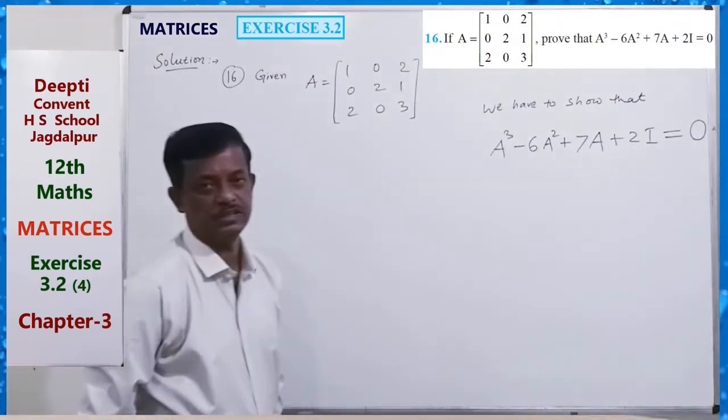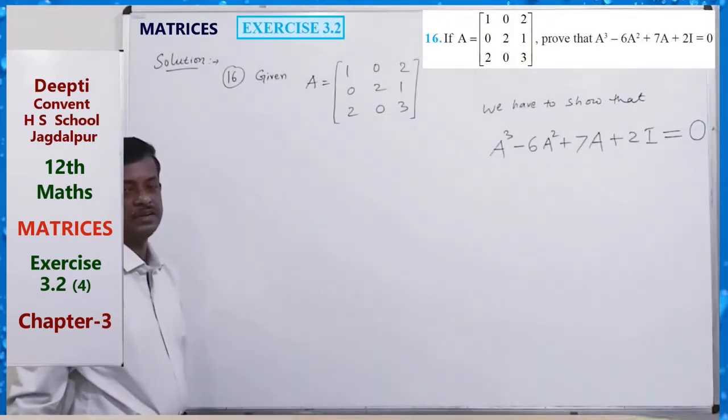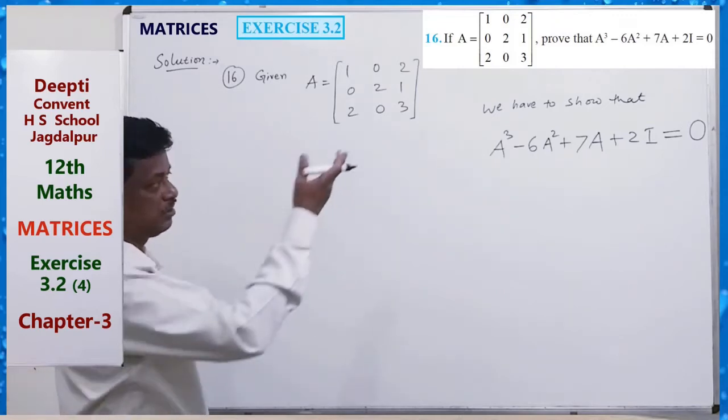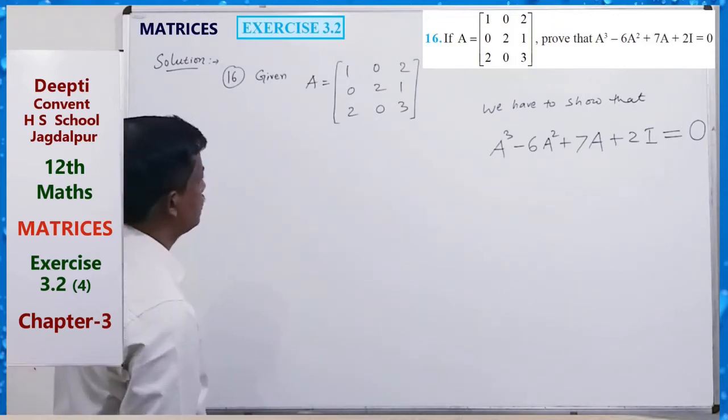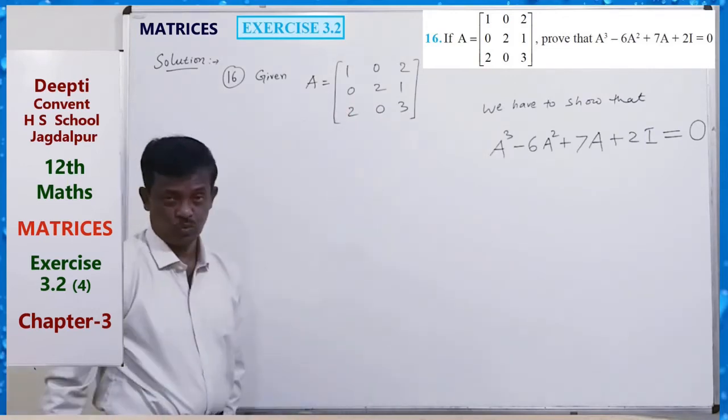That is the left hand side. We just have to find the value of the left hand side, and we will get the 0 matrix of order 3 by 3. So first of all we require the value of A cube.